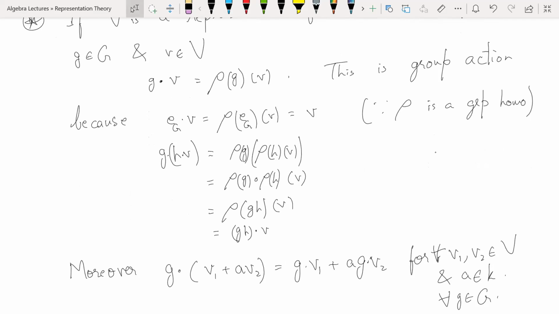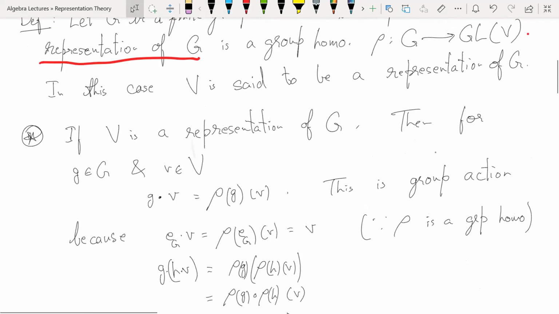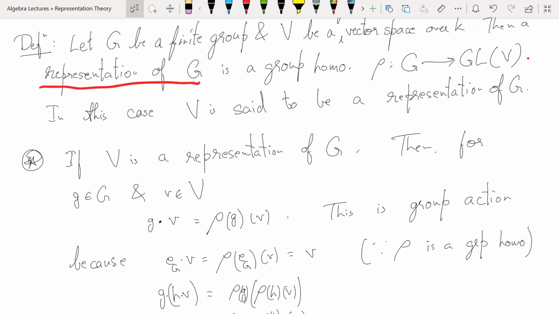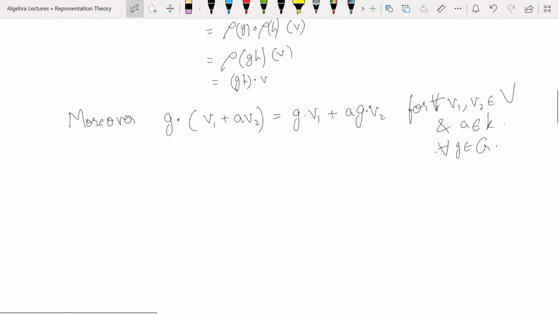So if you are given a representation, then it induces an action which satisfies this additional property. Conversely, if you are given a G action on a vector space together with this additional property, that means the action of G on V is actually linear. So what you get is actually a representation, a group homomorphism from G to GL(V).